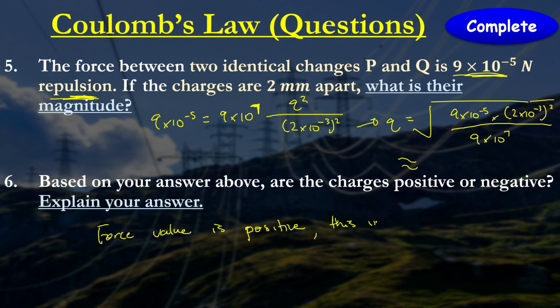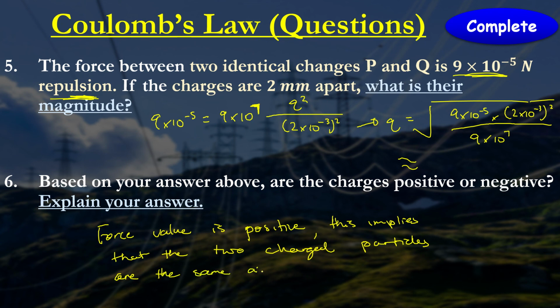This implies that the two charged particles are the same as each other, which means that it can be two positive charges or two negative charges together, because that's essentially what we know.